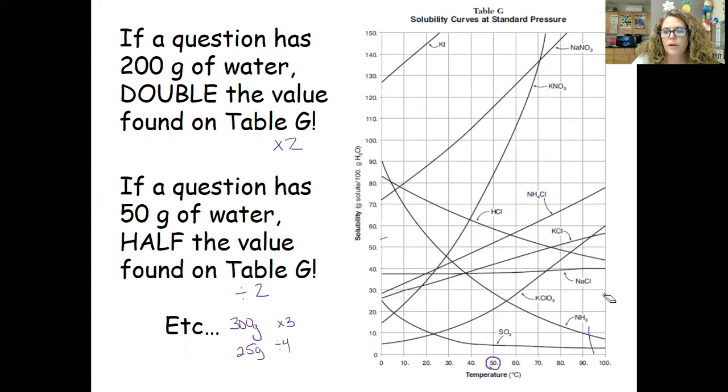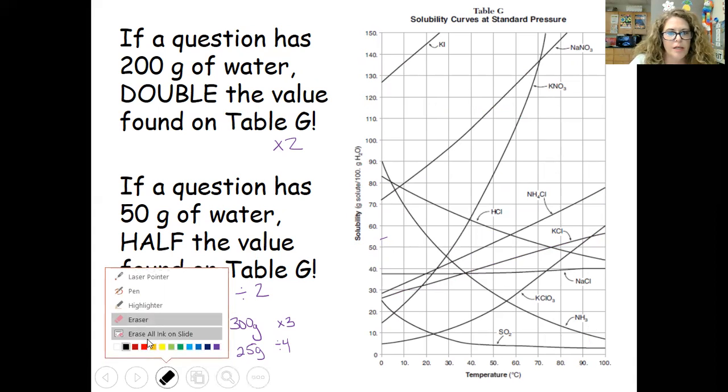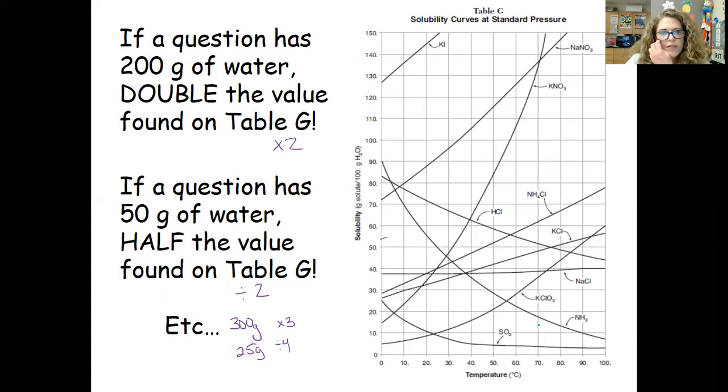And we'll just take a peek over here. Okay, so we have 2 ways we can make a saturated solution. And we have 60 degrees and 70 grams of potassium nitrate. So let me take my pen and let's choose green. I have 60 degrees, and I have potassium nitrate, which is up here.